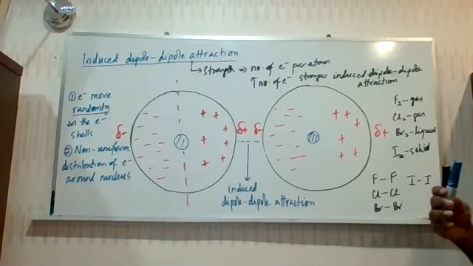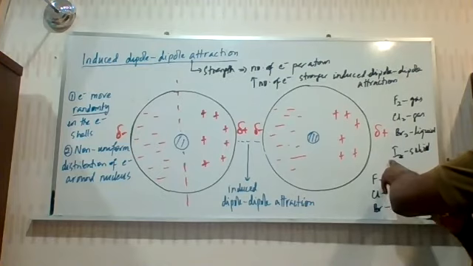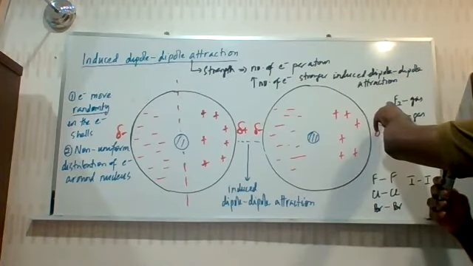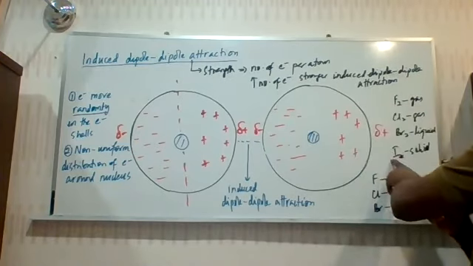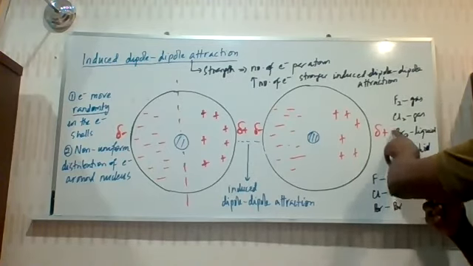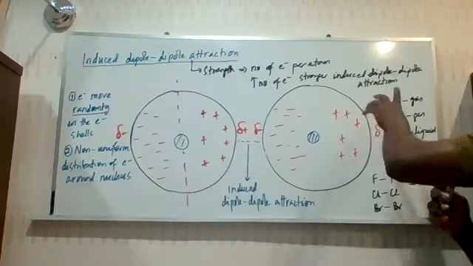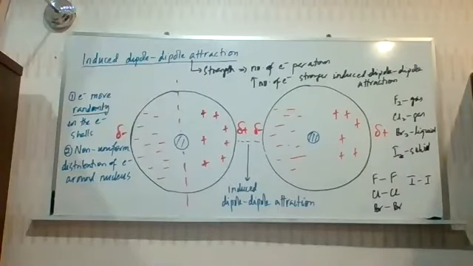But why are the intermolecular forces in iodine the strongest? If you look at the proton number of iodine and compare it with that of fluorine, you will find that the proton number of iodine is much bigger than bromine, chlorine, and fluorine, and hence the number of electrons.